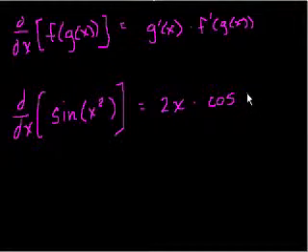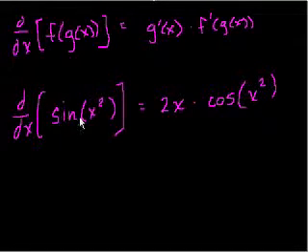So we keep the x squared there, right? If it confuses you, just think about the inside and the outside function. If you take the derivative of this composite function, it equals the derivative of the inside function, which is 2x, times the derivative of the outside function, but we keep the inside function, x squared, in it. So that's a review of the chain rule.